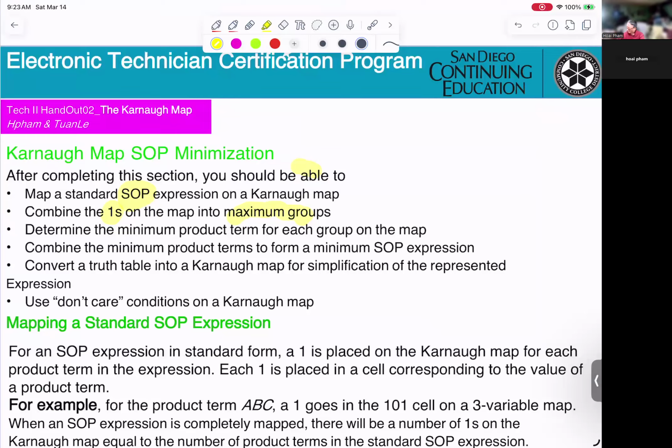Determine the minimum product term for each group on the map. Combine minimum product terms to form a minimum sum of products. Convert a truth table into a K-map for simplification of the represented expression.